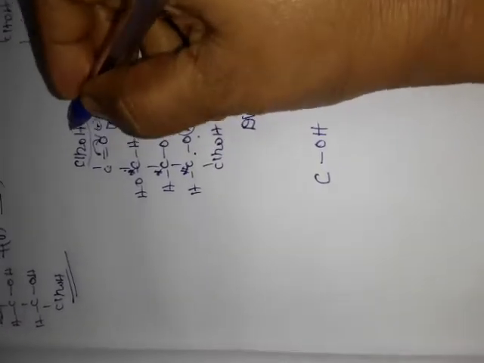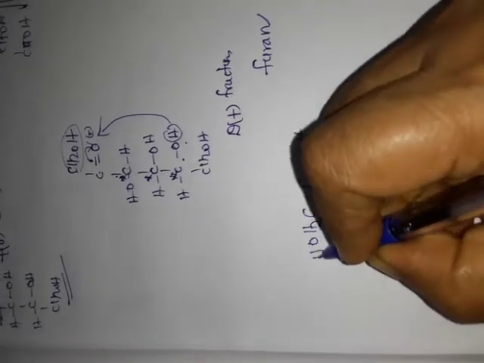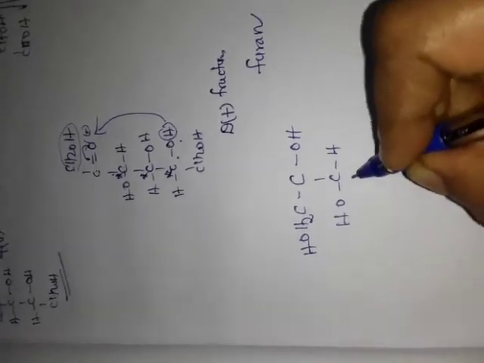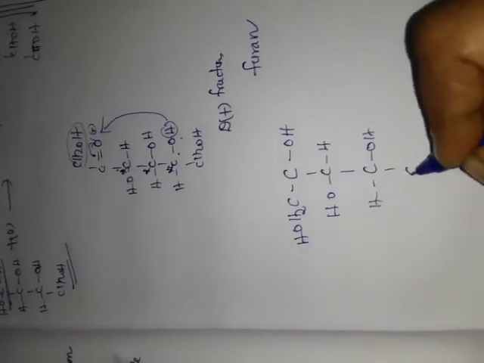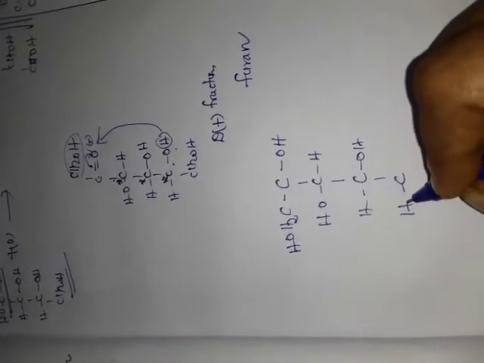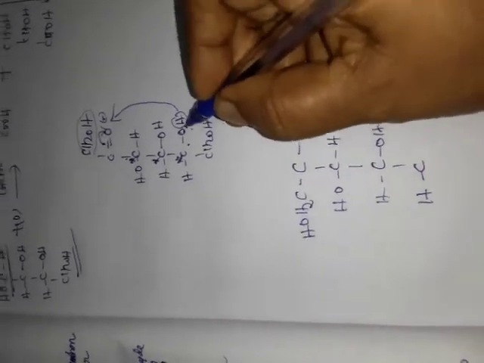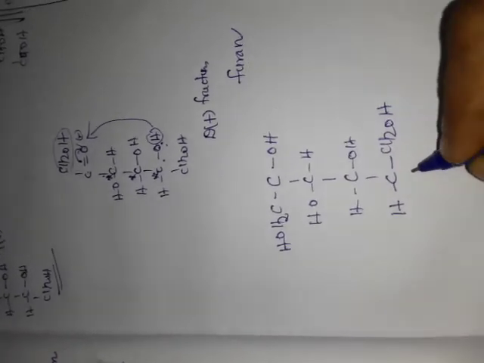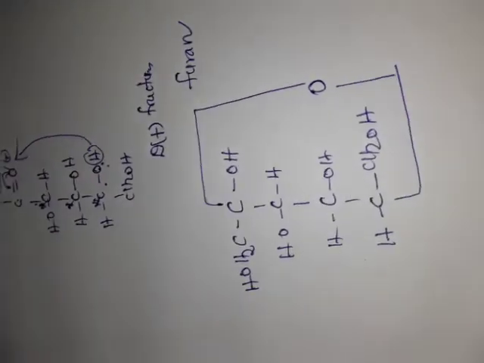This one comes this side, CH2OH, the next CHOH, next CHOH, CH. One O is there, let me keep it. Then this CH2OH comes this side, then this O getting bonded like this.